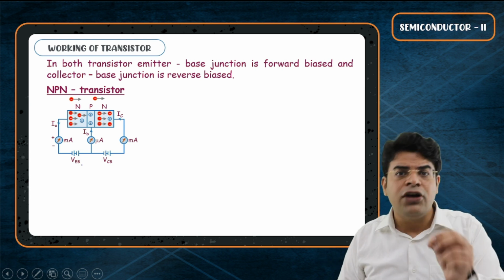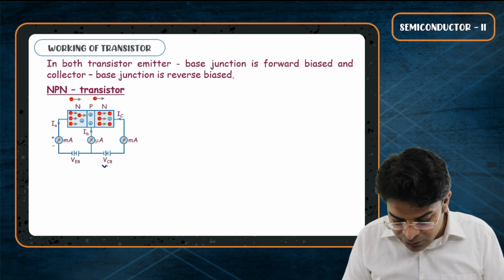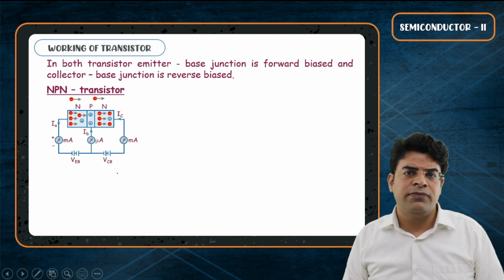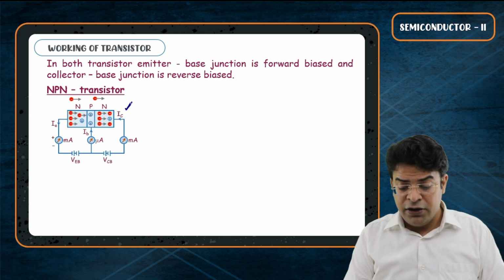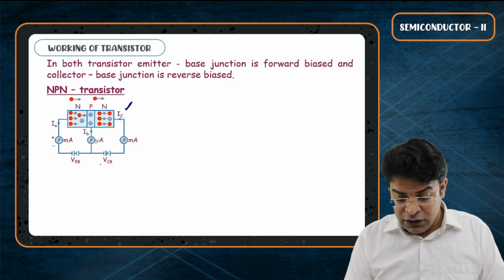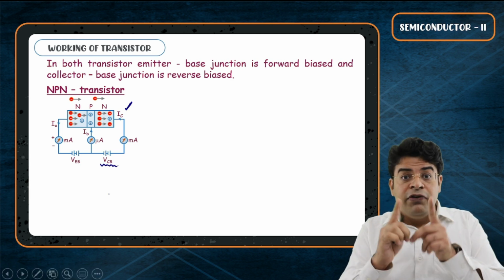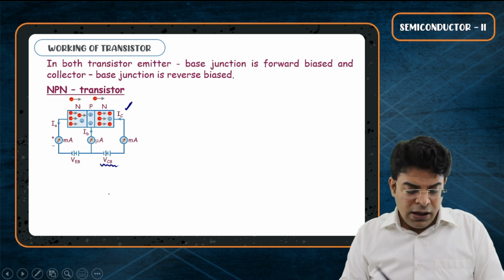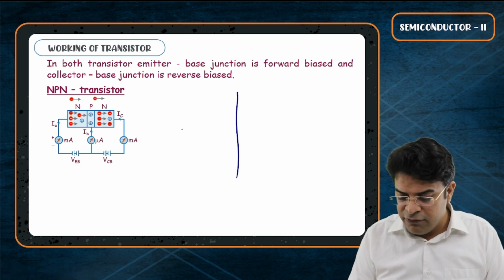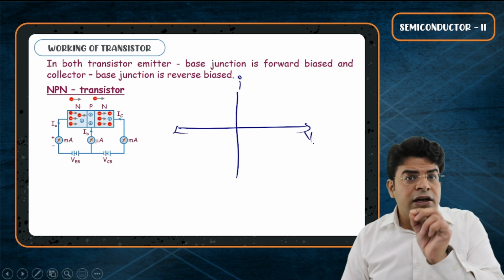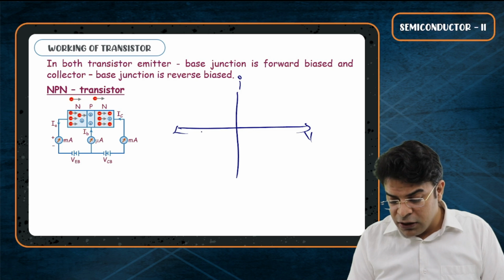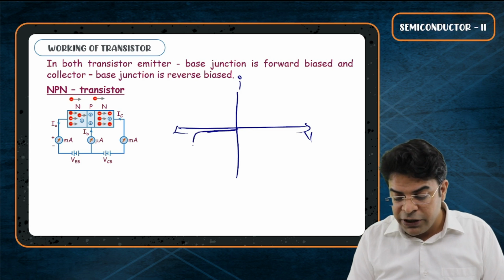Now the second question comes, why do we keep the base collector junction reverse biased? We don't want the collector current to be dependent on the battery connected between the base and collector. We have learned that if we have a PN junction which is reverse biased, then under the reverse bias condition, no current flows unless breakdown takes place.